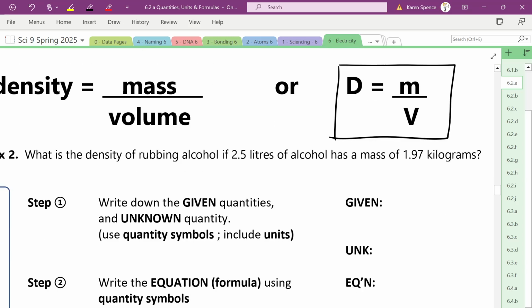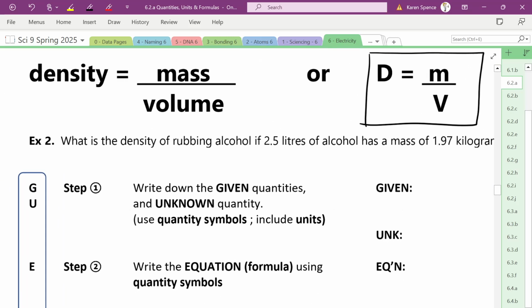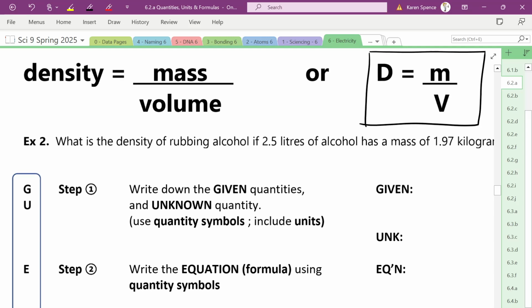Okay. So once again, we are going to go through this GUESS CUBS method. And we're going to start by writing down the things that we are given. You can find the things that are given because they are the numbers in the question.